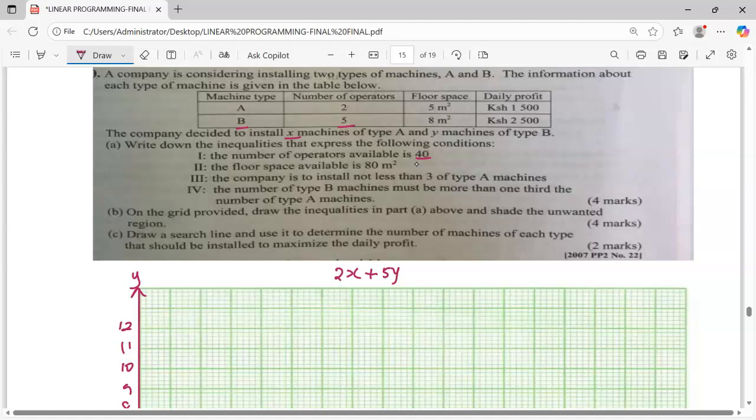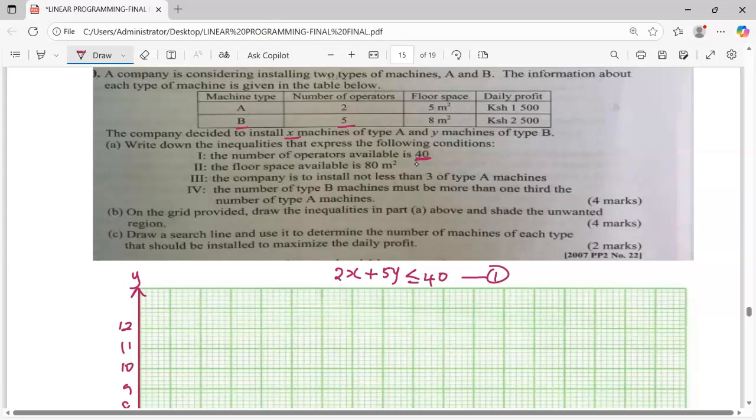The total number of operators available is 40, so this is less than or equal to 40. This becomes the first inequality.